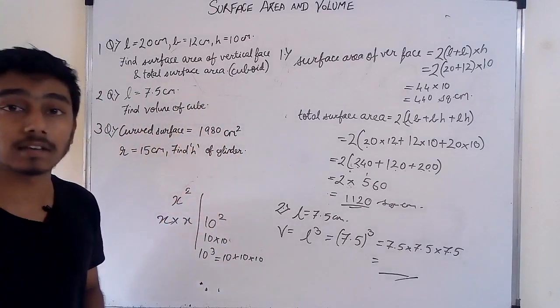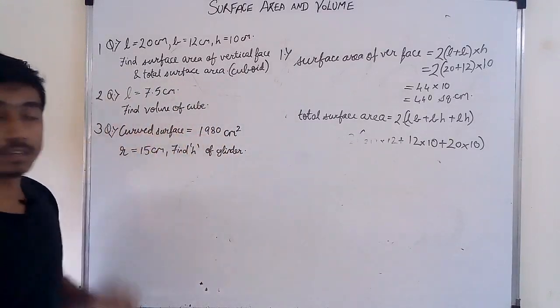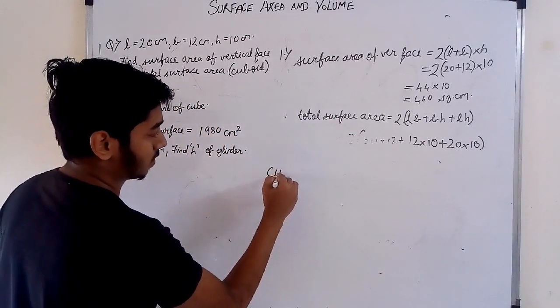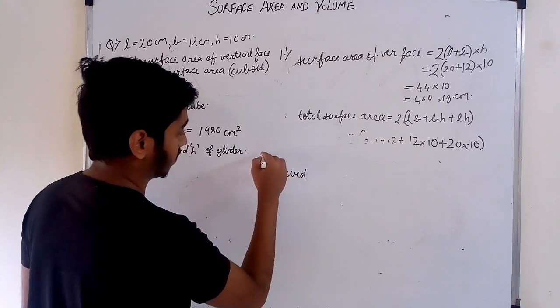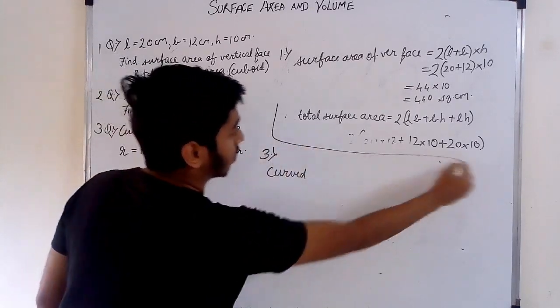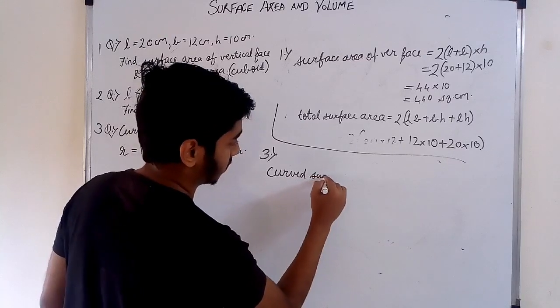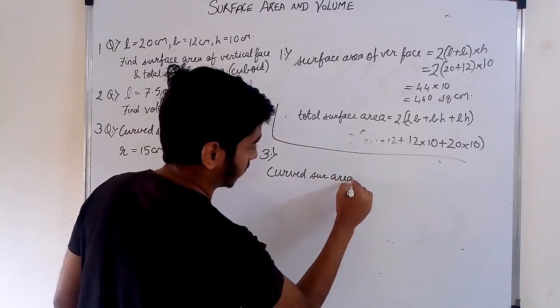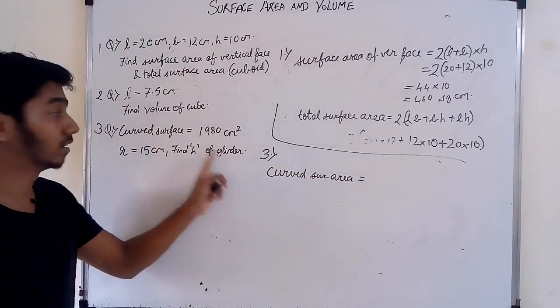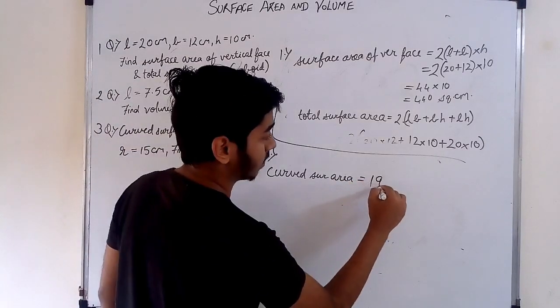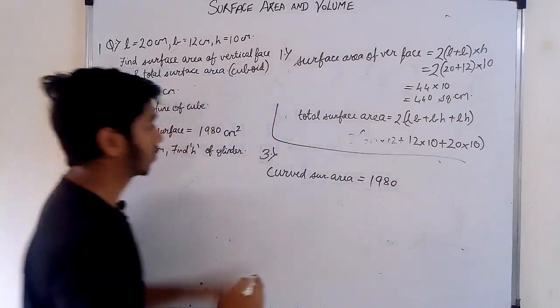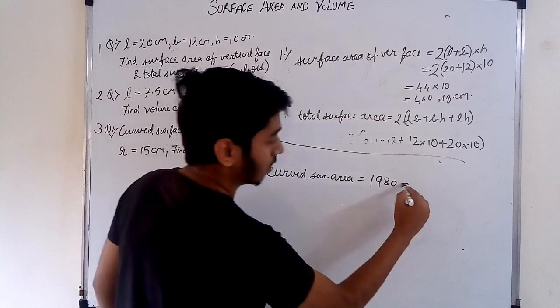Now we'll go for the last one. So the curved surface area, this is the third one, of the cylinder, it's 1980 centimeter square.